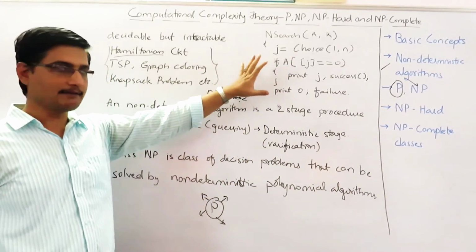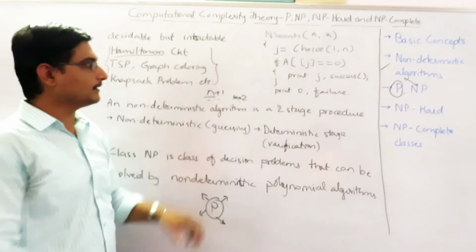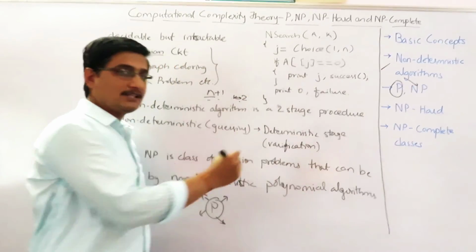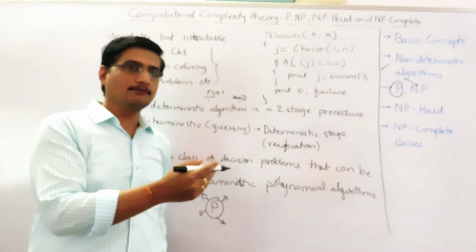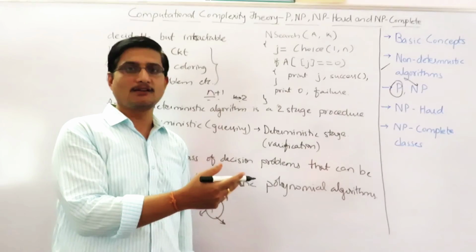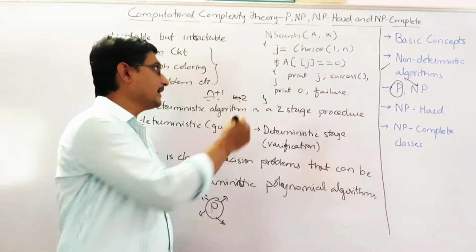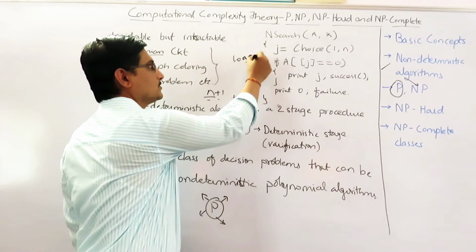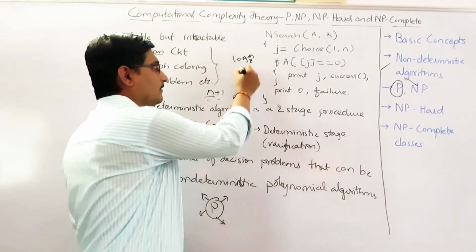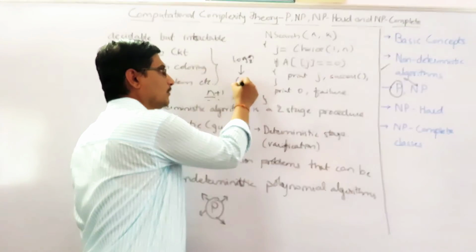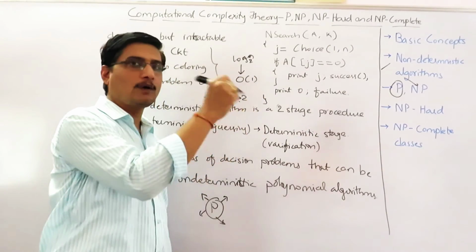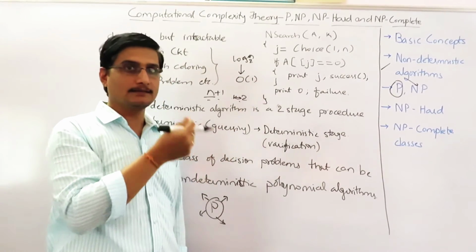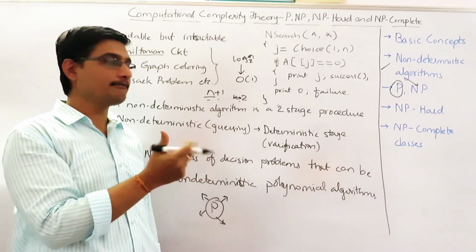Say for example, in a non-deterministic search algorithm, assume that we already have the best searching algorithm like binary search, which takes log n to the base 2 of time. We want to reduce this to big O of 1. That is, in only one search we need to find the key in the given array of items.